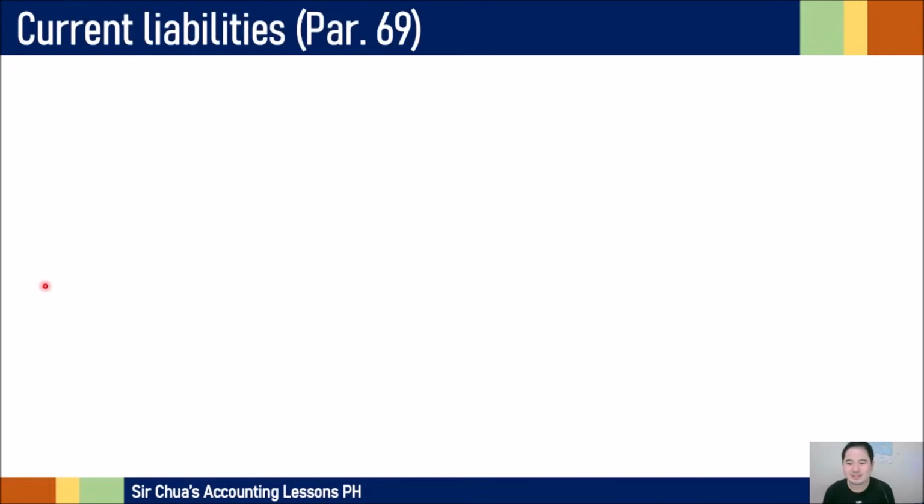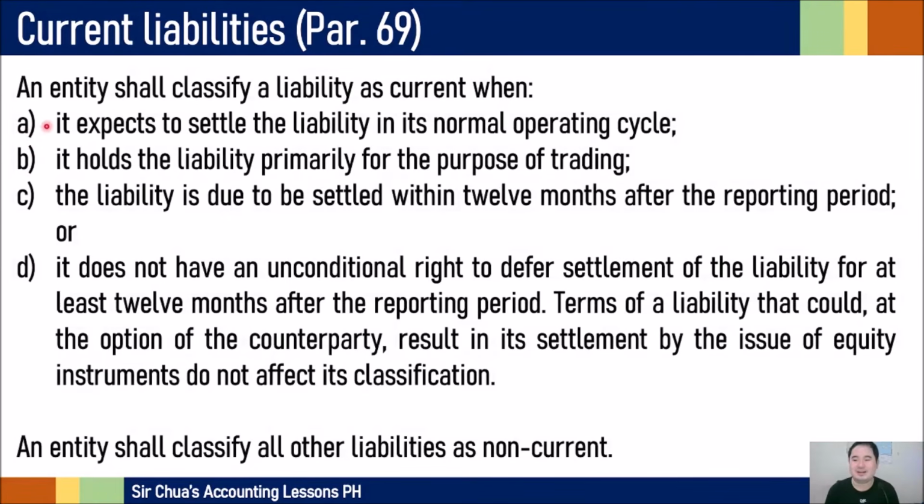And then for current liabilities, ganun din po, your settlement of the liability is within the normal operating cycle or nagkaroon ka ng liability because of the purpose of trading, or it can be settled within 12 months, or if the entity does not have an unconditional right to defer settlement of the liability for at least 12 months after the reporting period, current liability pa rin po siya.